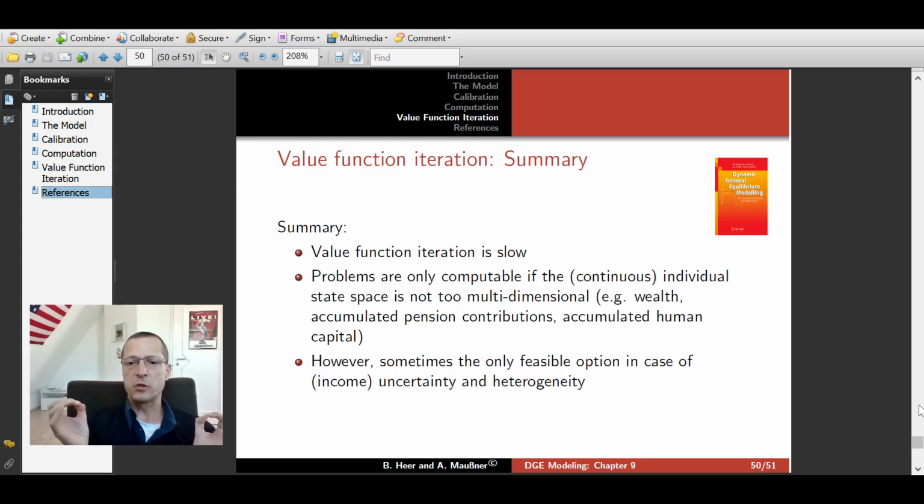If we have individual state variables, we will just need 3 or 4 grid points because our policy functions are rather linear functions of the state space, we are fine. But if we have a lot of curvature, well, then we have a problem.